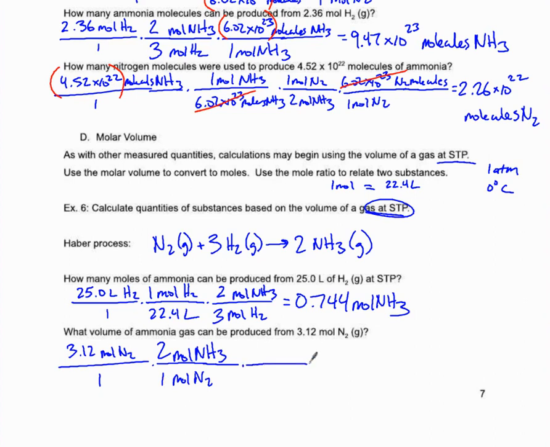And now we're looking for volume. So 1 mole of ammonia is 22.4 liters. And this comes out to be 140. with a decimal point for 3 significant figures, liters of NH3.